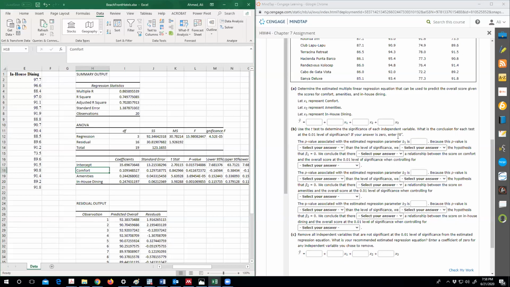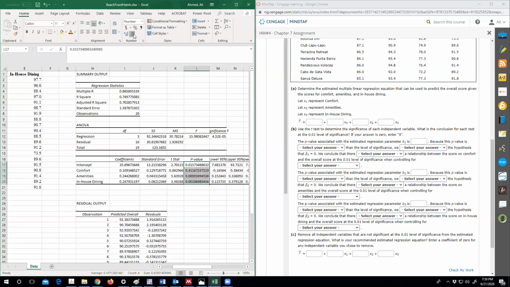I don't know how many significance levels they want, 2 or 3. I'll make sure I put 2 significance levels, because sometimes the answer can be wrong because of that.